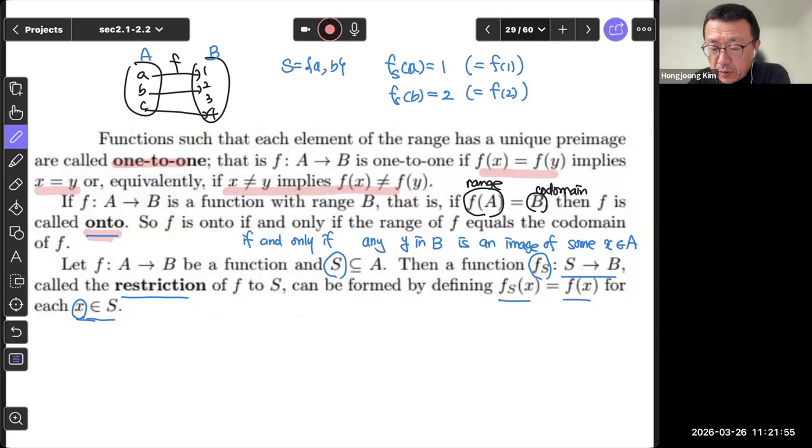So this f sub S is a mapping from S to B. We can consider this function f sub S, and it will be called the restriction of f to S. So that is the terminology.